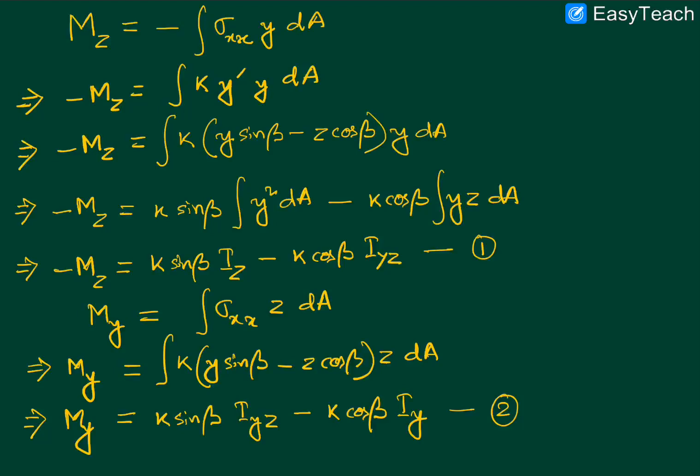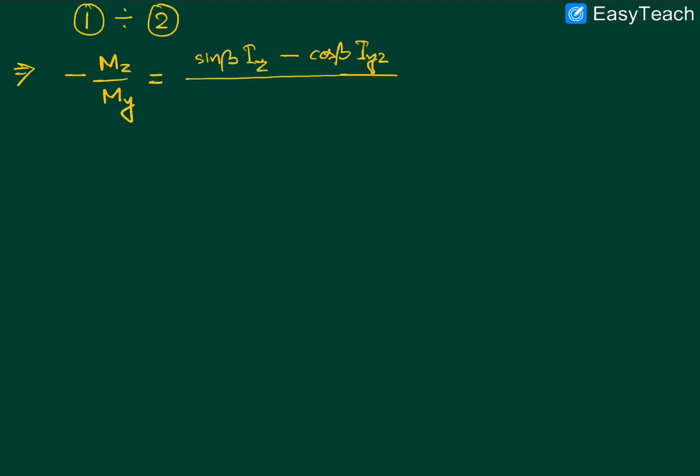And in the denominator, we have from equation 2 sine beta Iyz minus cos beta Iy.